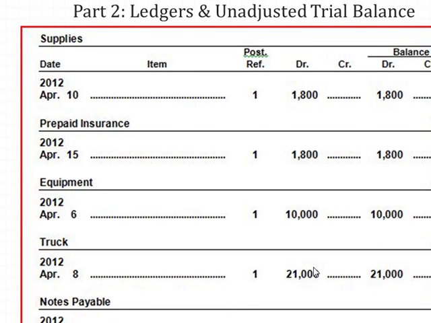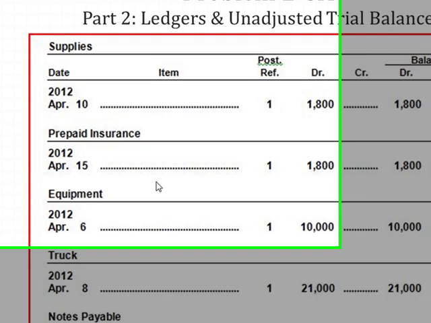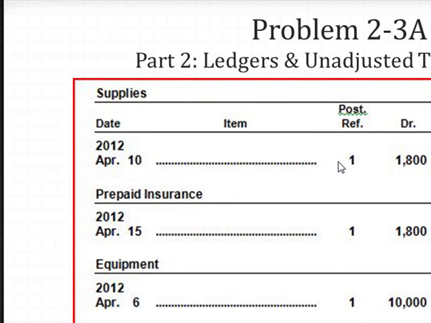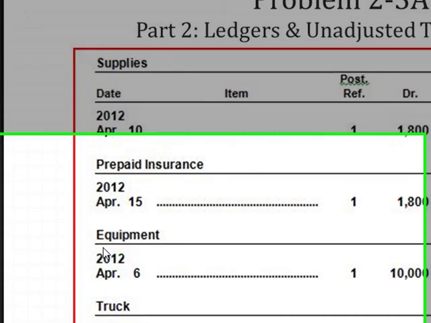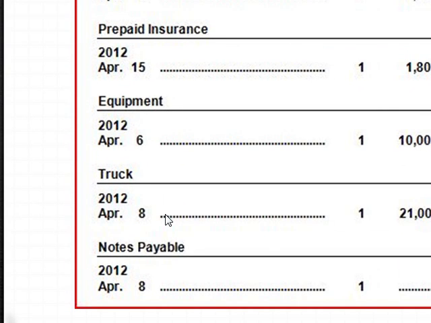And the truck was debited for $21,000 on April 8th, journal page number 1, and now has a debit balance of $21,000. You will do this for every single account that is listed in the journal. We are not duplicating the entire journal entry, just the line that belongs to the particular account that you are going to the ledger for.